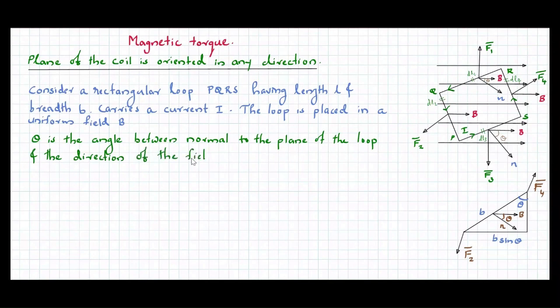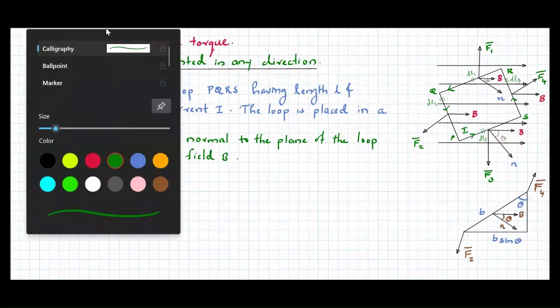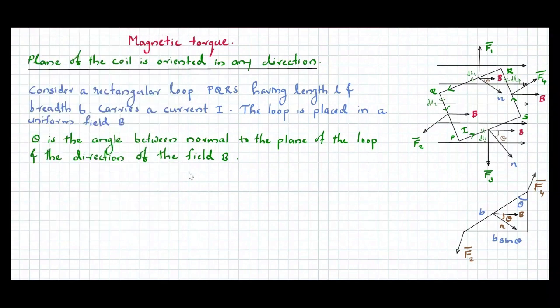Theta is the angle between the normal to the plane of the loop, represented in the figure by the vector n, and the direction of the field B. Because the plane of the coil is oriented in some direction, you can have a vector n normal to the plane of the loop. The angle made by the magnetic field and the vector n is called theta.